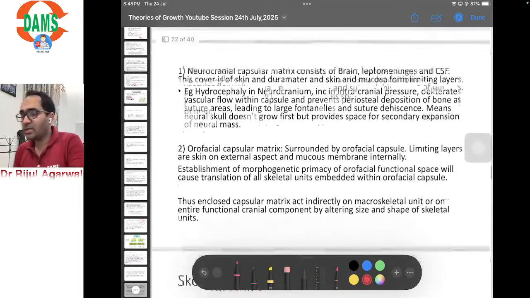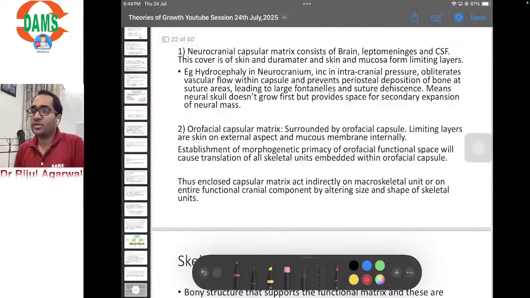Okay, next example is the orofacial capsular matrix, that is surrounding the orofacial capsular region. So what are the layers? The limiting layer, of course, here will be the skin on the external aspect and the oral mucous membrane on the internal aspect.